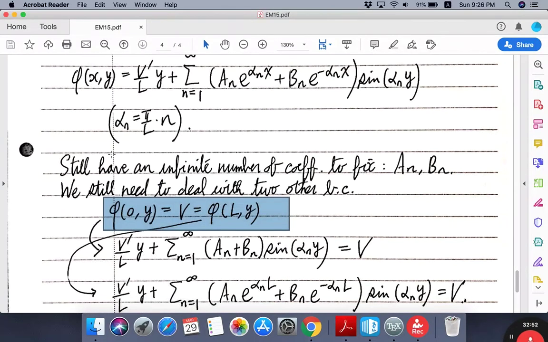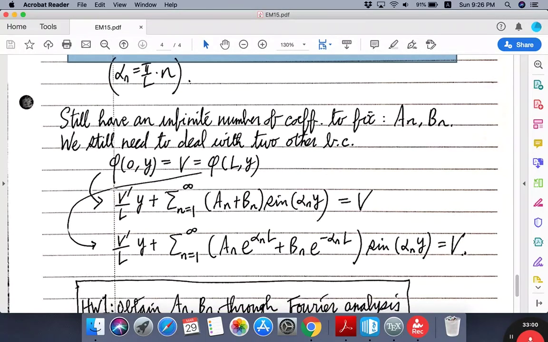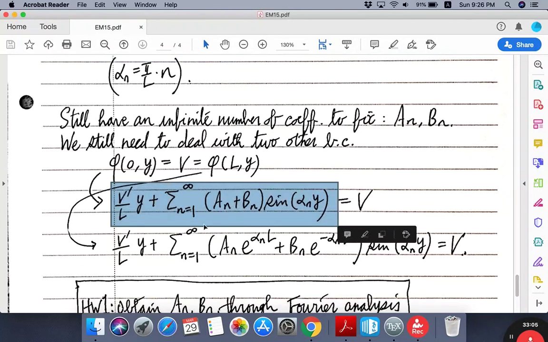Now, since this was the general form of the solution, when x is equal to 0, then this function becomes like that. When x equals L, then this function becomes like that.